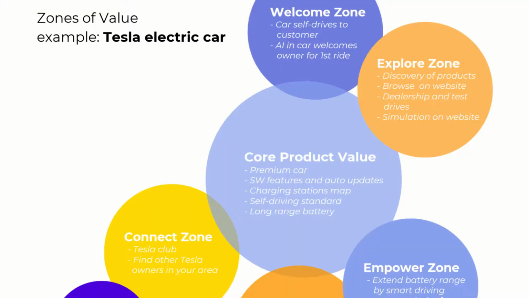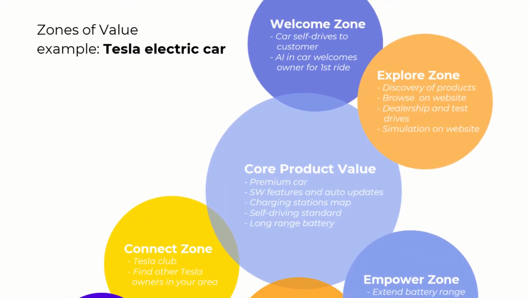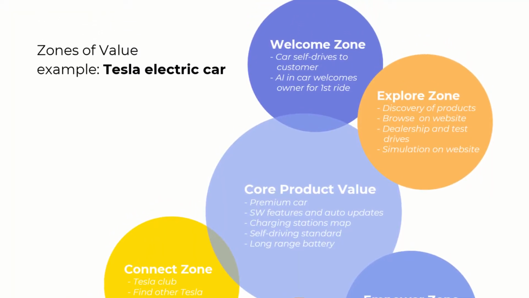Expanding out of that, you think, okay, well, the welcome zone, right? What are some things that the company Tesla does to help welcome and bring users or bring customers on board, bring their drivers on board and make them a part of their experience. And you think about that as, maybe having some AI in the car that welcomes them on the first ride, that could be a feature.